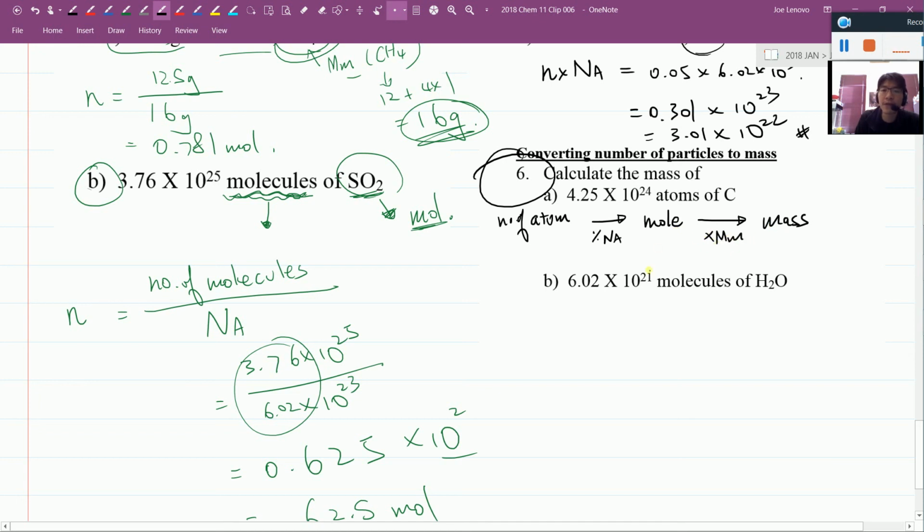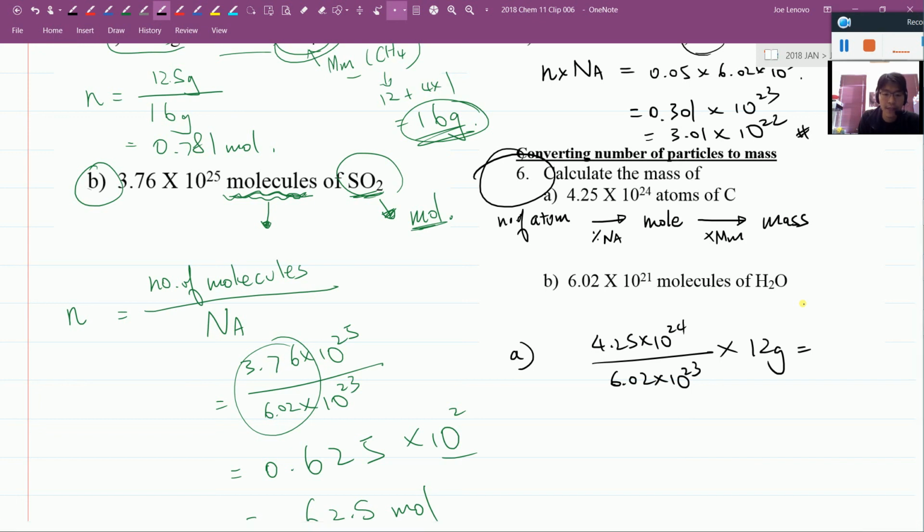So the answer would be 4.25 times 10 to 24 over 6.02 times 10 to 23, times the molar mass, which is 12 gram.